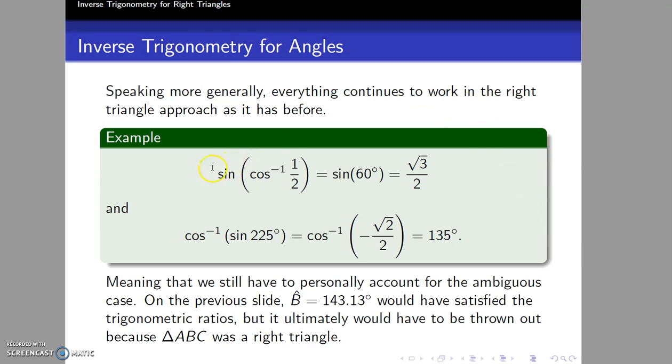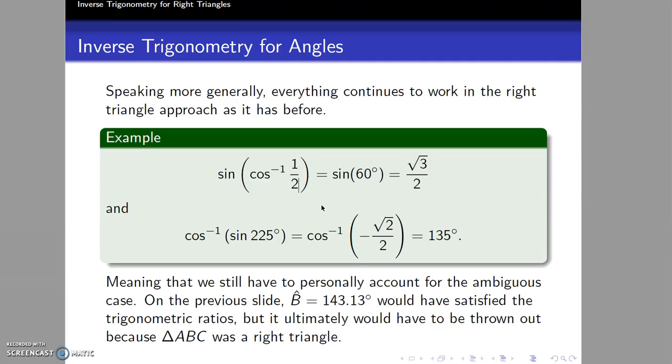Right? If you had to find the sine of the arccosine of a half, well, the arccosine of a half is asking what is the angle between 0 and 180 whose cosine is 1/2. And that answer is 60 degrees. And the sine of 60 degrees is root 3 over 2. The arccosine of the sine of 225 degrees: first you find the sine of 225 degrees, which is negative root 2 over 2.